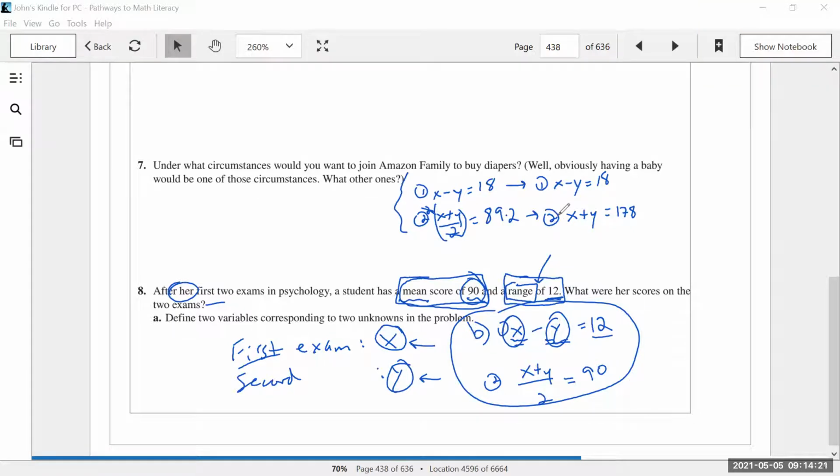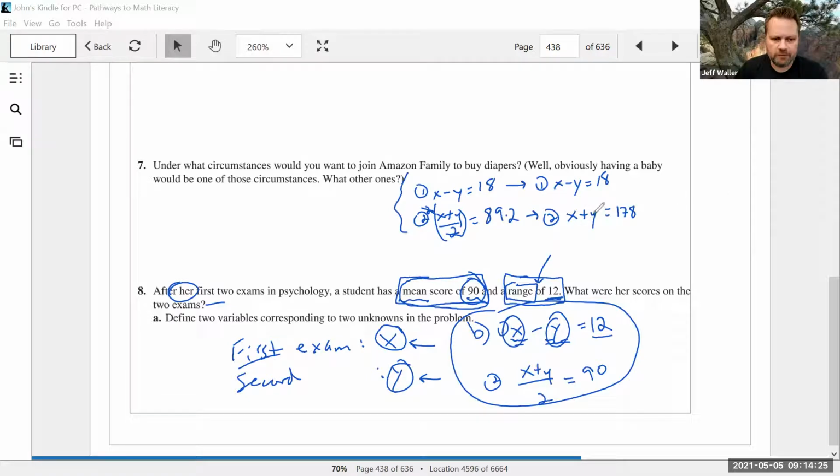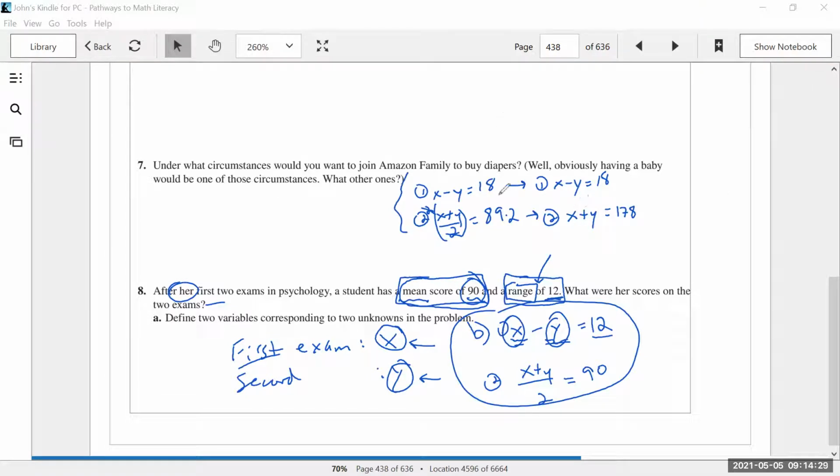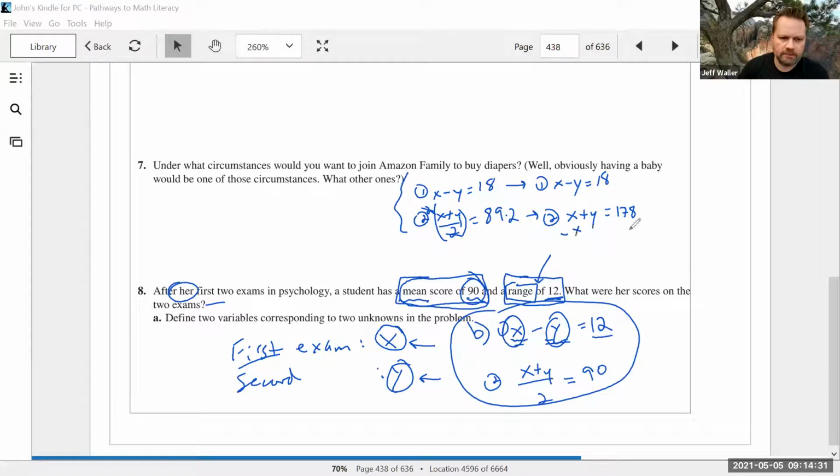Equation 2. Cool. And then what letter do you want to solve for? Y. So I'm going to subtract x to get y by itself. So now I get y. So now I know this is a fact. I know that y is 178 minus x. I know that's true.